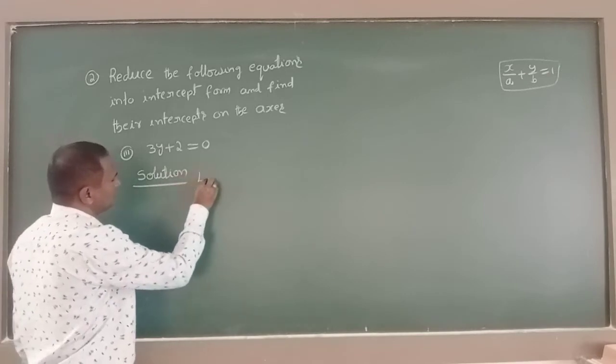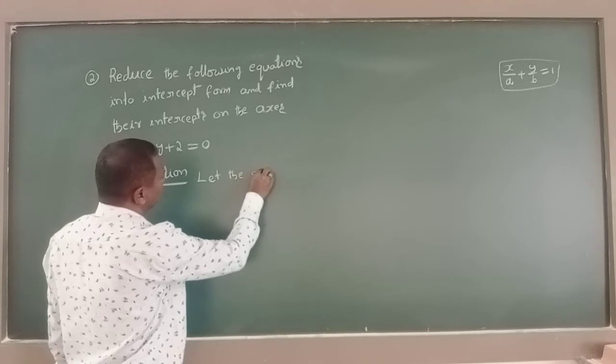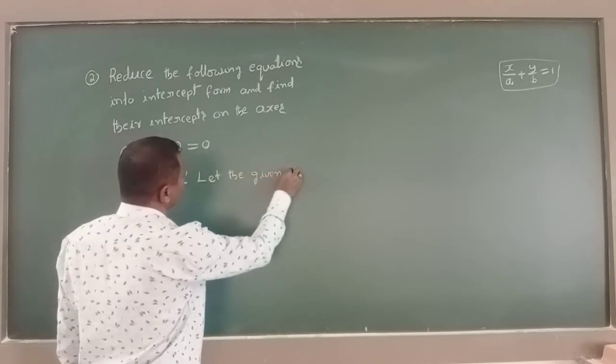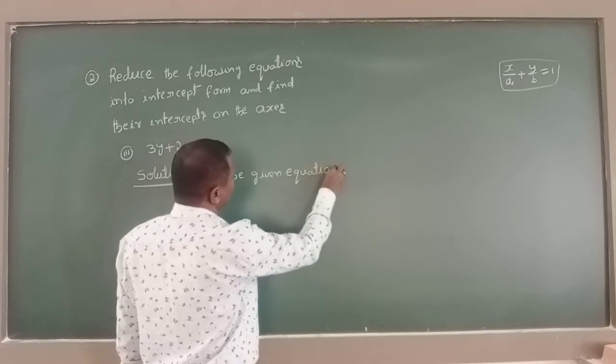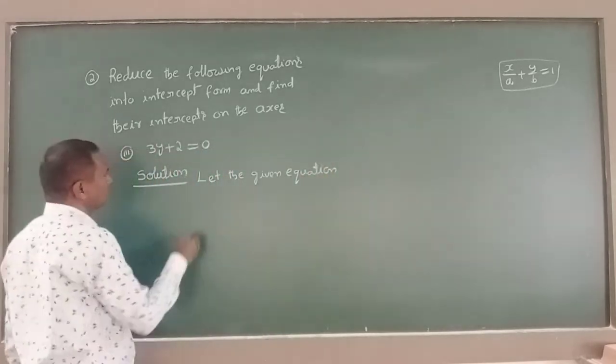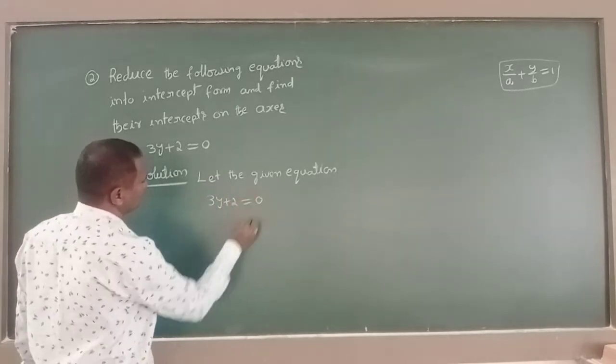Let the given equation be 3y plus 2 is equal to 0.